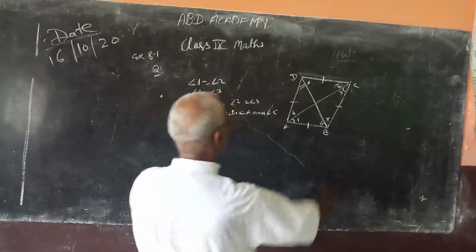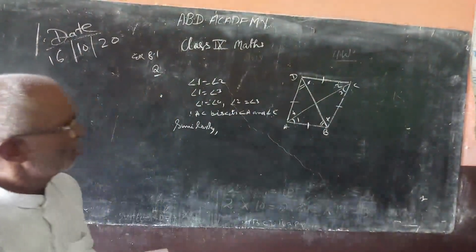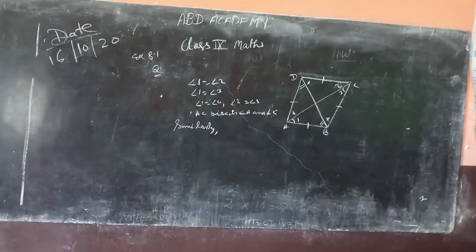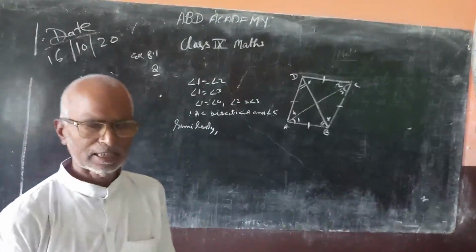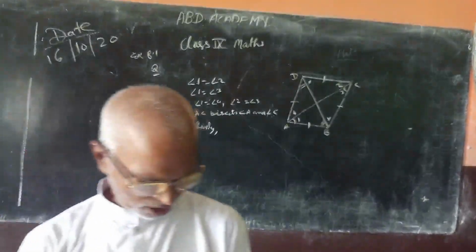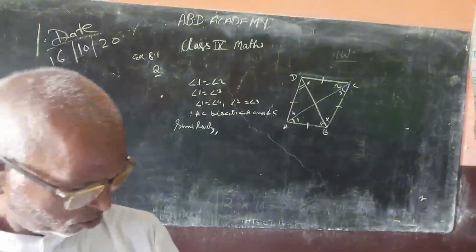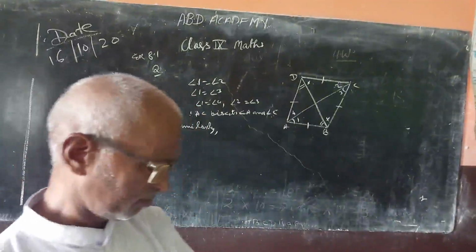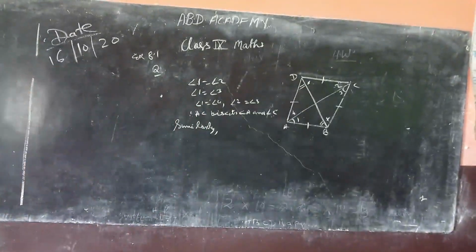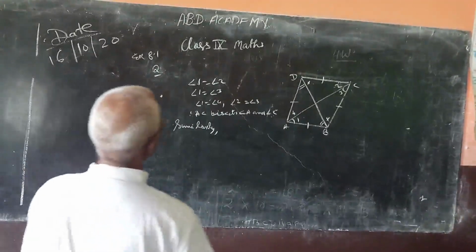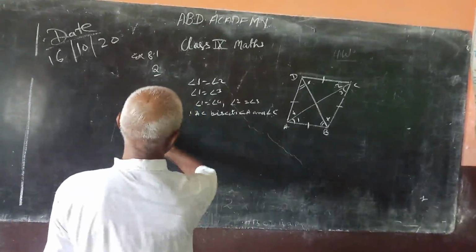Therefore, here also all four angles will be equal. Therefore, BD bisects angle B as well as angle D. So it is very simple that diagonal AC bisects angles A and C, and diagonal BD bisects angles B and D.